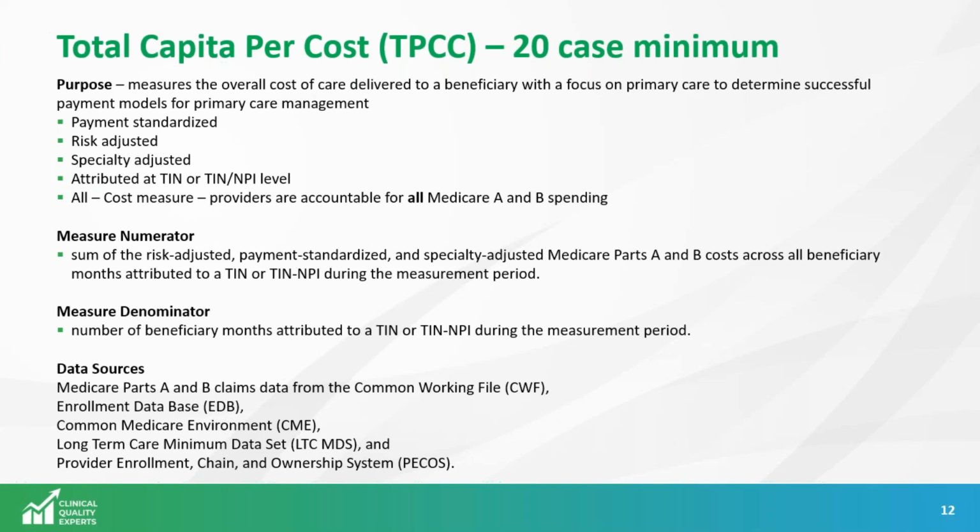And then the Provider Enrollment, Chain, and Ownership System, or PECOS, manages actual provider enrollment and supplier enrollment. So all of these tools together provide the data for the measures. You will see that these data sources are repeated to various degrees in the other measures as we go over them. However, TPCC uses the most sources in its data collection. Next slide.